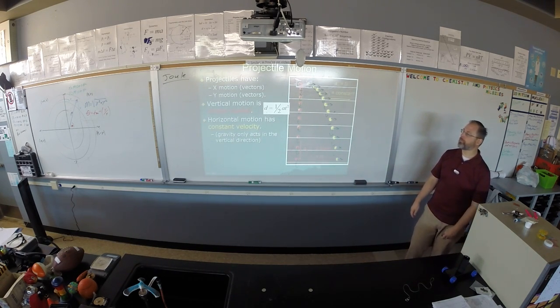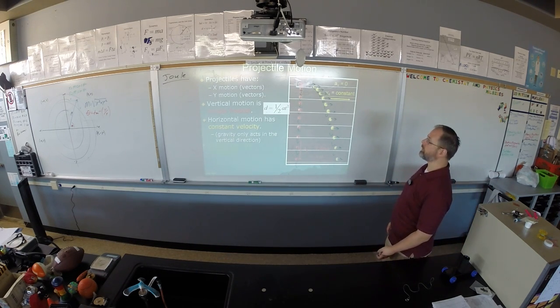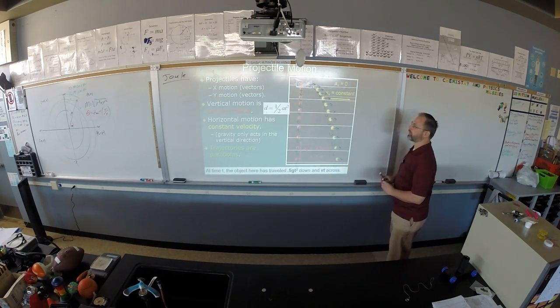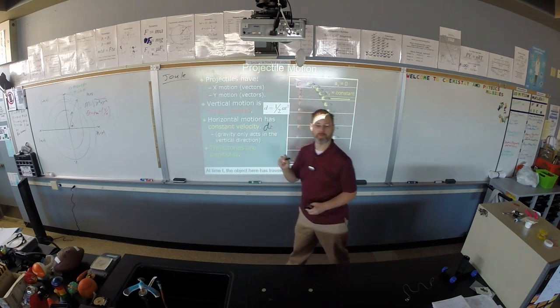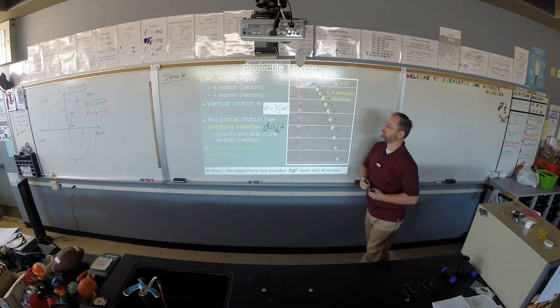Vertical motion would be simple free fall given by d equals 1/2 at squared, or v naught t plus 1/2 at squared. Horizontal motion is constant velocity. What distance formula do we use when we have a constant velocity? D equals vt. Okay. And now I'm going to add something.